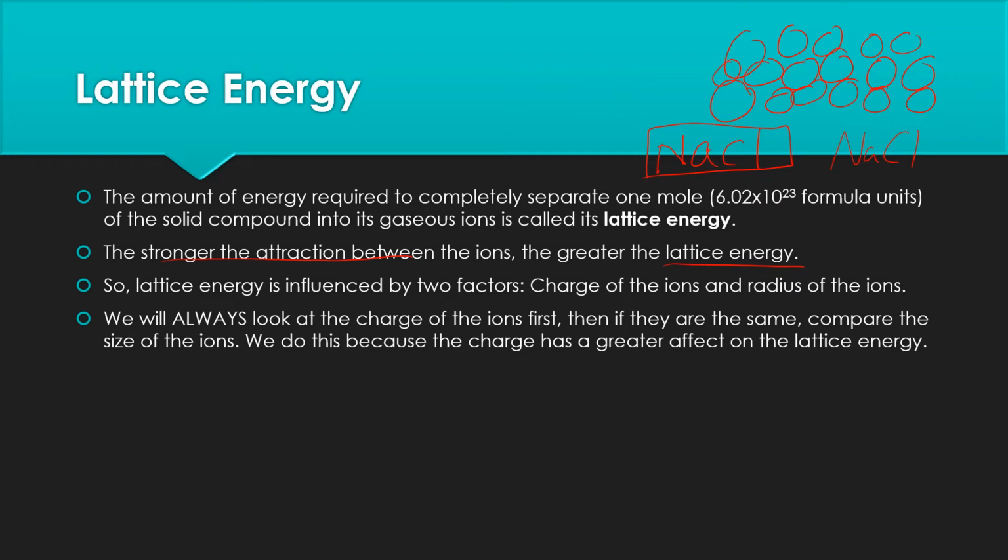And we do this because charge has a greater effect on lattice energy than the distance between the ions. Charge is a much greater influence. So we always start with charge, check the charge. If the charges are different, then we can determine which one has a greater lattice energy. If they are the same, then we will move on to the radius of the ions and see which ones are smaller and therefore have a greater lattice energy.